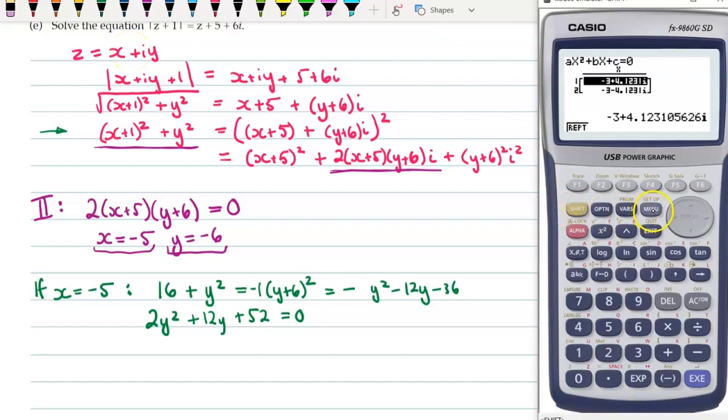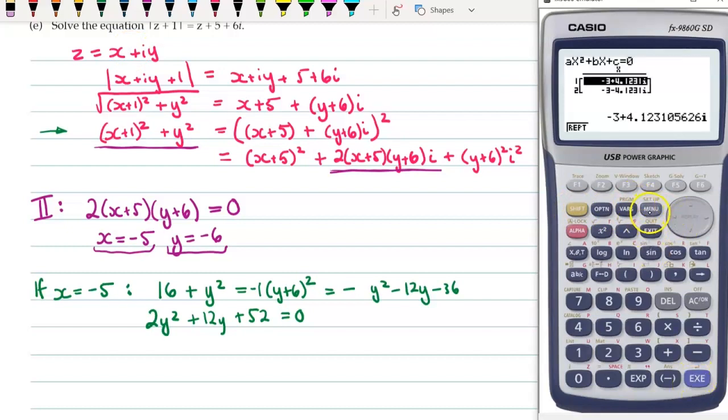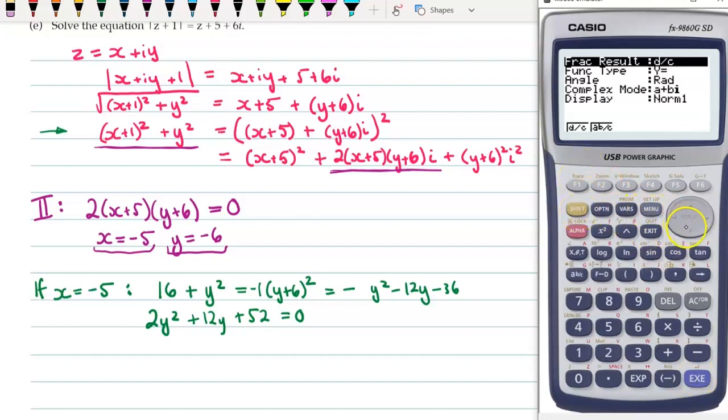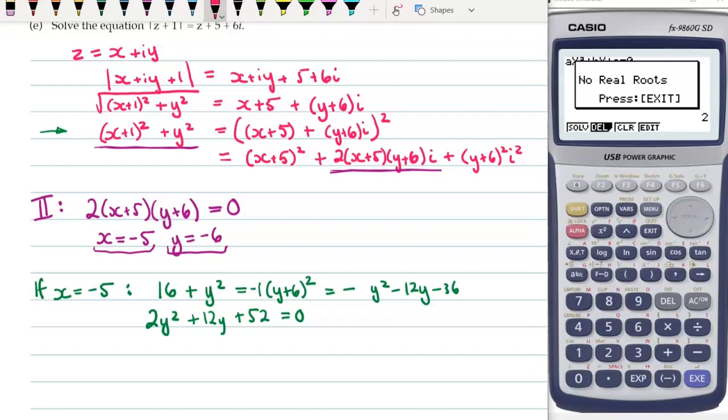Now this is showing me complex roots because I previously had my calculator settings in complex mode. If you didn't, and this was just showing real answers only, and we hit solve, you'd see there's no real roots. Okay, so this one doesn't work as a solution. No real roots.